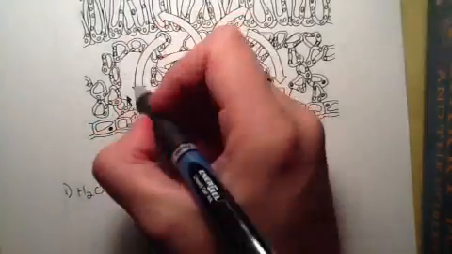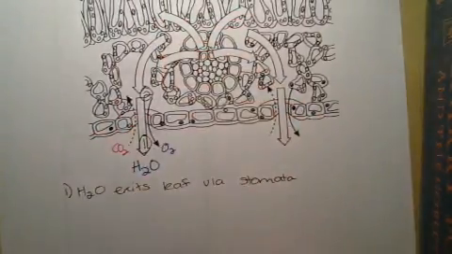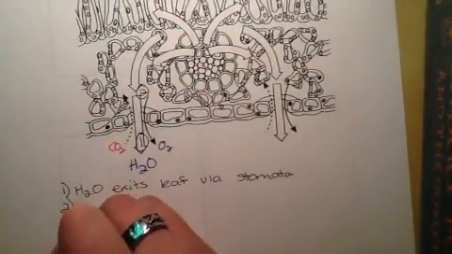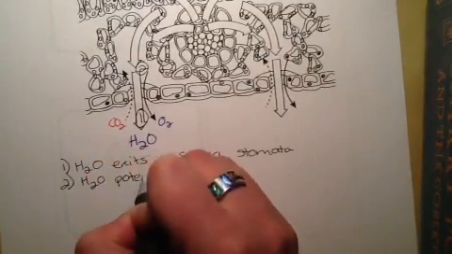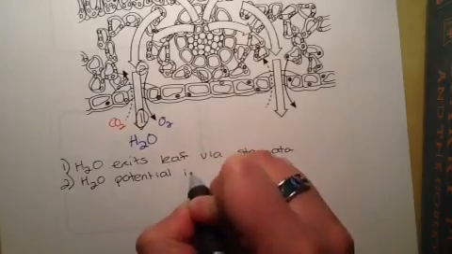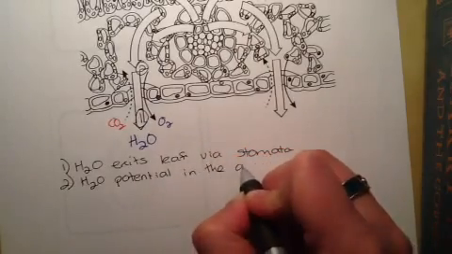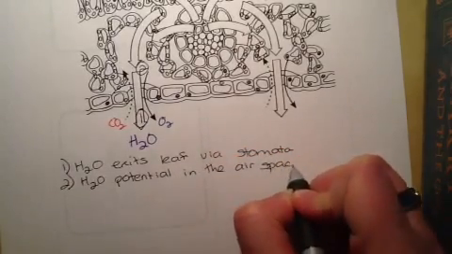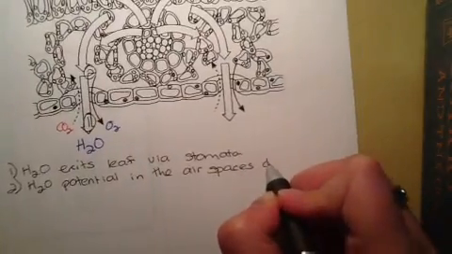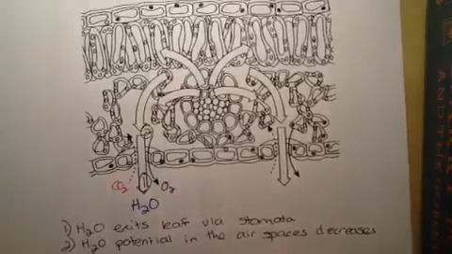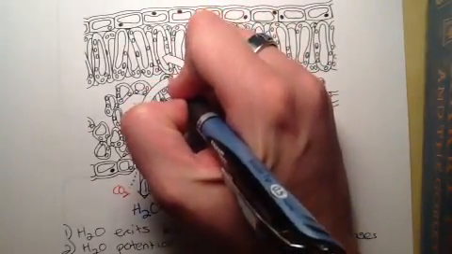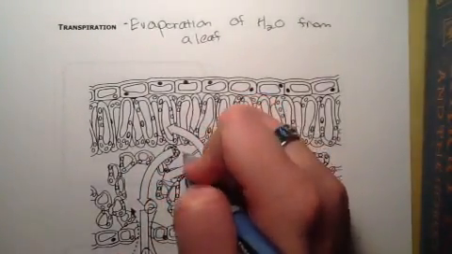And so what happens is right here, where I drew a number 2, the water potential in the air spaces decreases in the spongy mesophyll. Then step 3 is way up here.